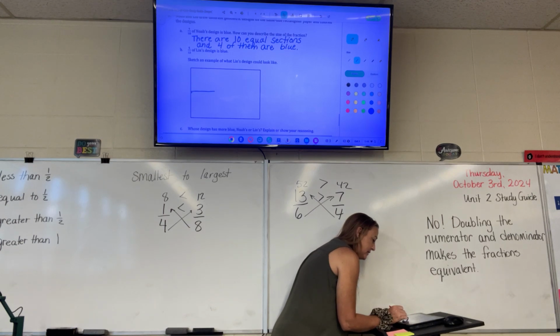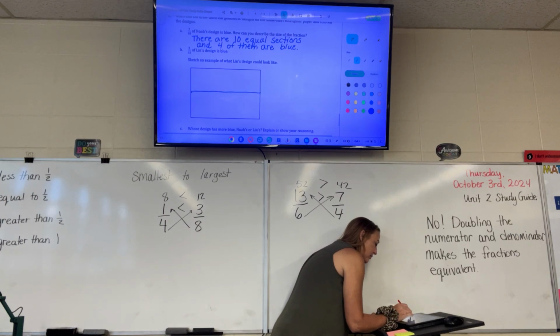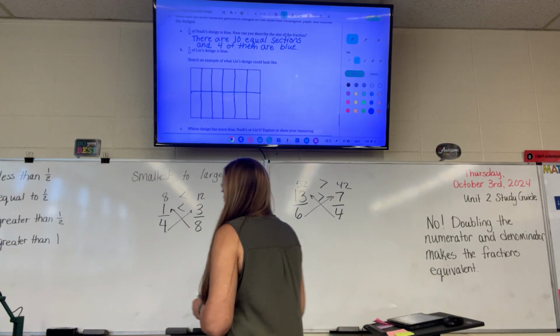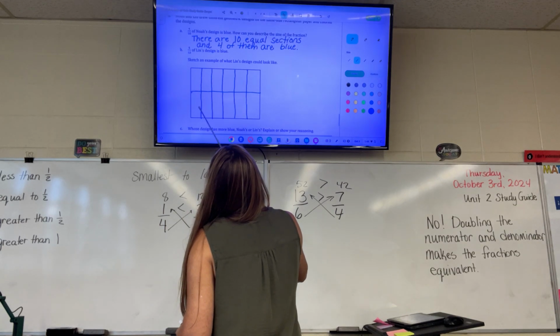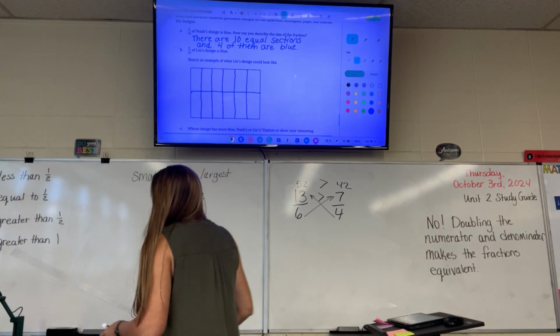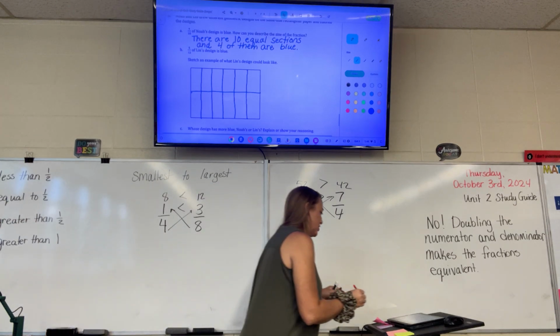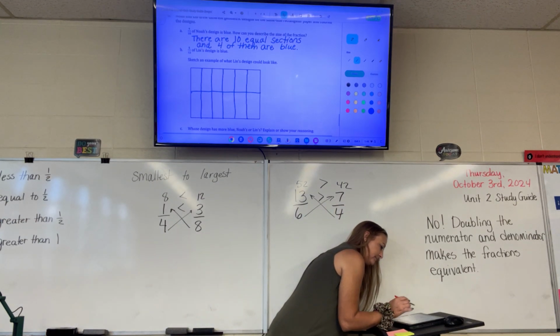So the first thing that we need to do is split it down the middle, and then we're gonna do sections that are about this big. When you get finished, make sure that you've got 12 sections. And we need to shade in how many? 5. We're doing this one.